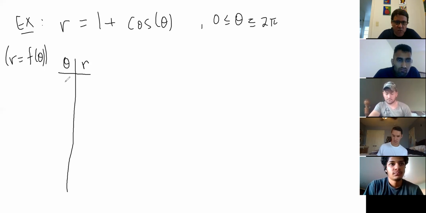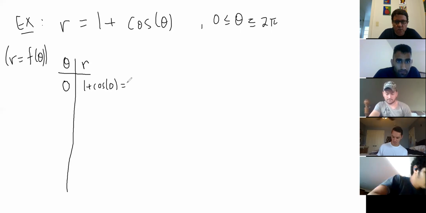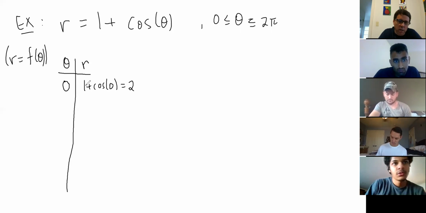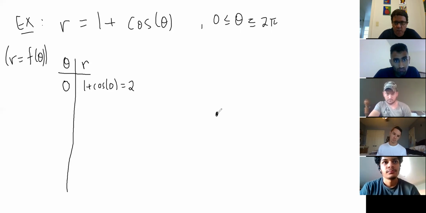So here we go. Let's just start. At 0, I get 1 plus the cosine of 0, which is 2. So cosine of 0 is 1, and 1 plus 1 is 2. So if I try to plot that point, I need my polar axis here. That's when theta is 0.